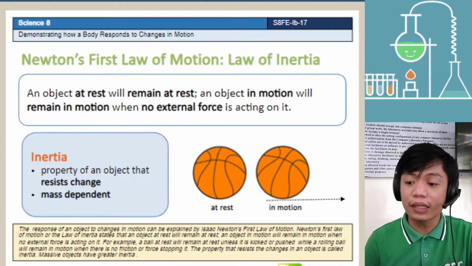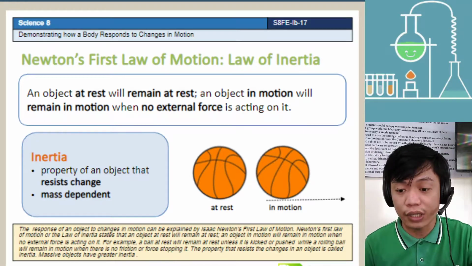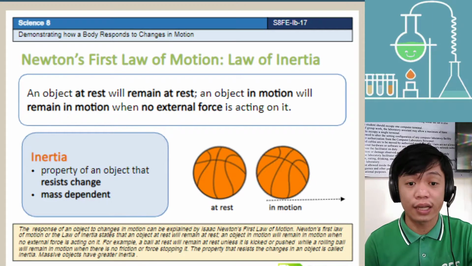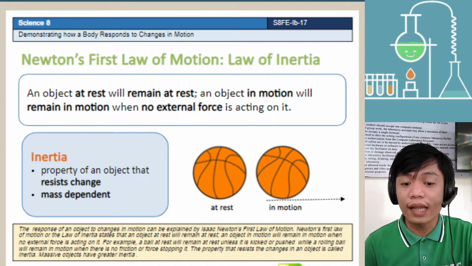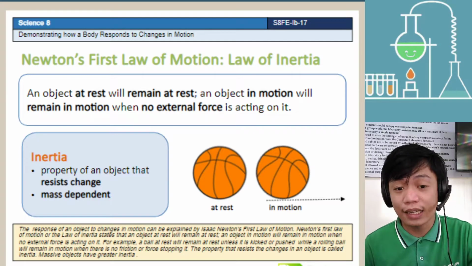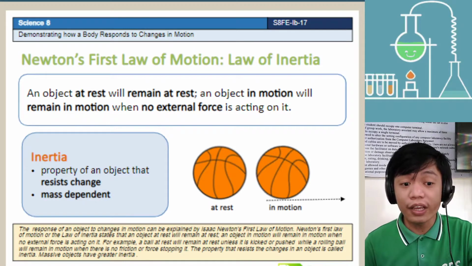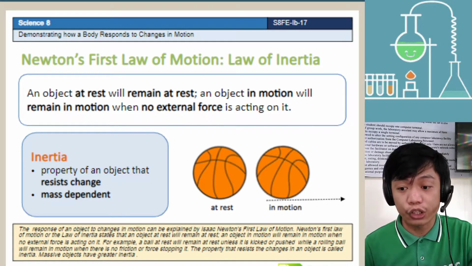The property that resists the changes in an object is called inertia. Massive objects have greater inertia. So take note, class, that if an object is at rest or an object is in motion, they are in the form of inertia.